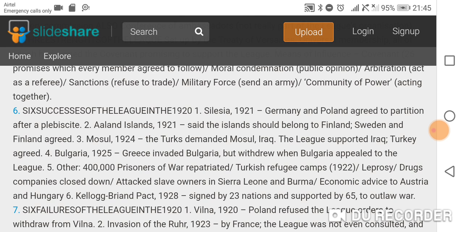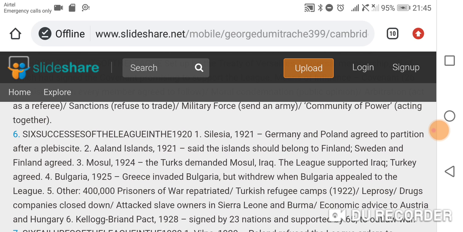And then following that, we'll quickly move on to the 6 successes of the League in the 1920s. And one was in Silesia in 1921, where Germany and Poland managed to agree to partition after a plebiscite because they were having disputes as to which country Silesia belonged to.